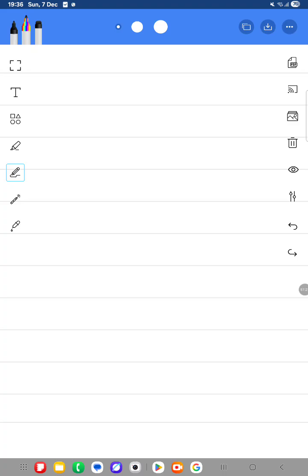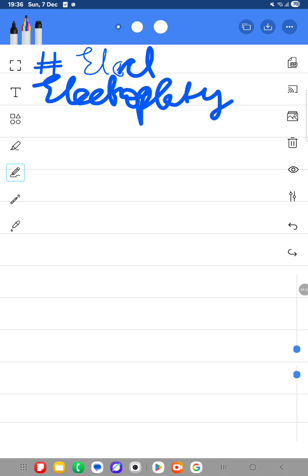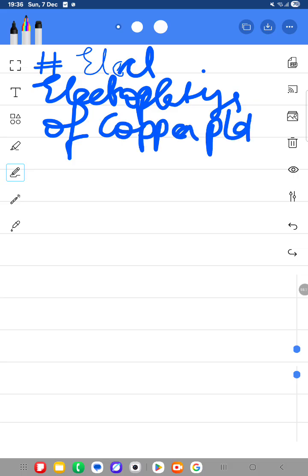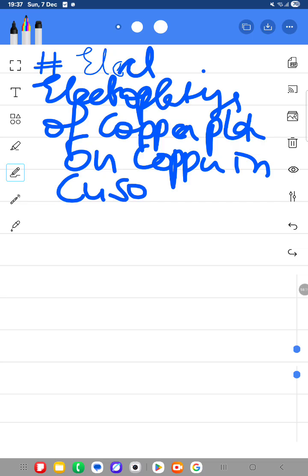So that activity is about electroplating of copper plate in CuSO4 solution.